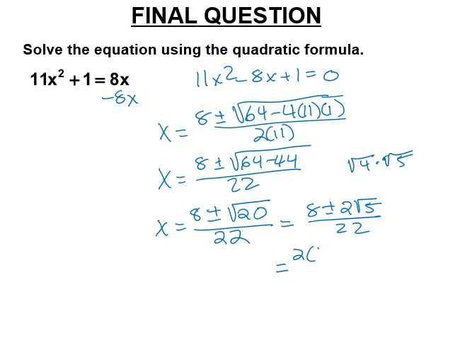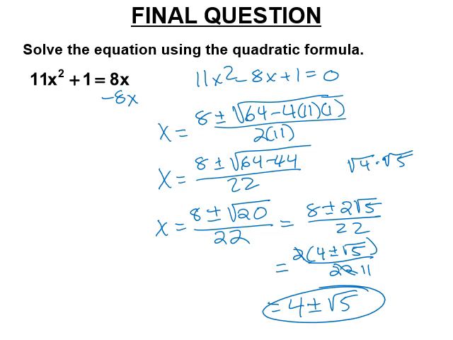I'm removing a 2. It has two roots. They are at 4 plus the square root of 5 and 4 minus the square root of 5.